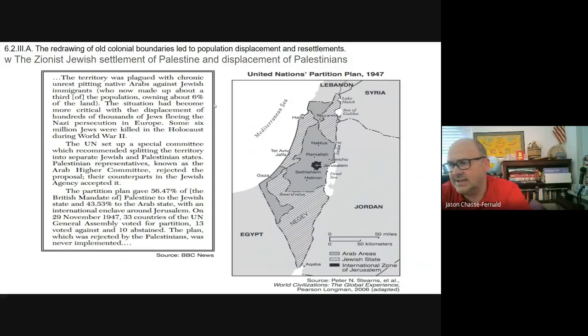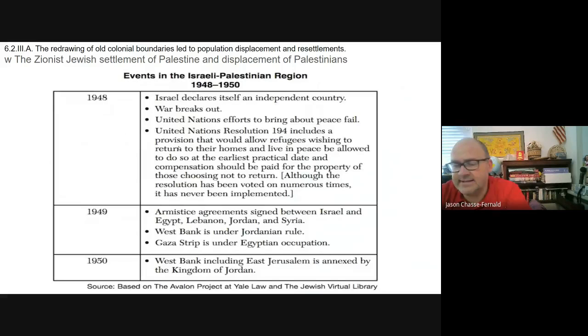On the Jewish state side, that will be accepted, right? So Jews will accept this partition plan. On the Palestinian Arab side, they will not accept this plan, and then the next is a series of events that initiate the next 70 years of what we have now.